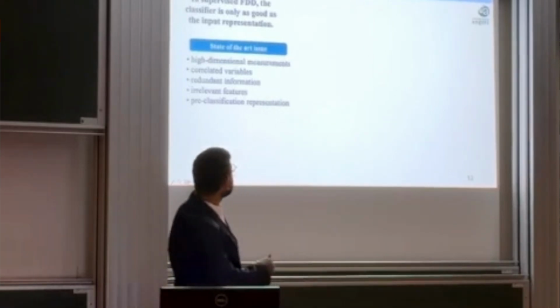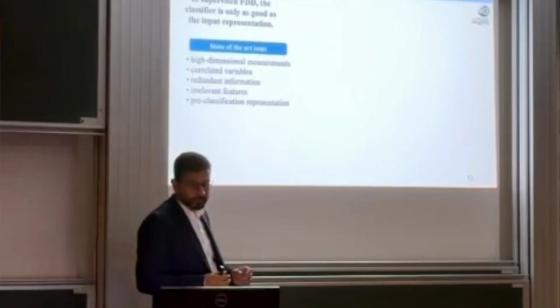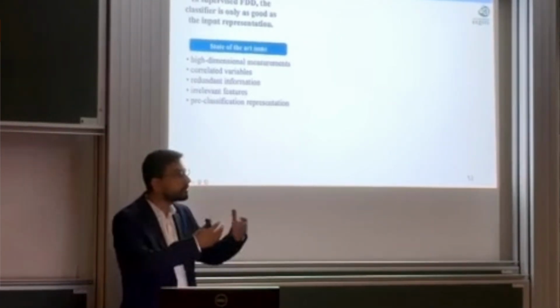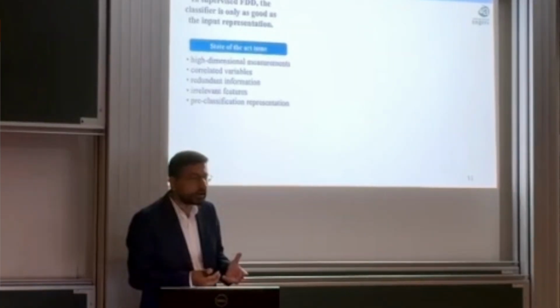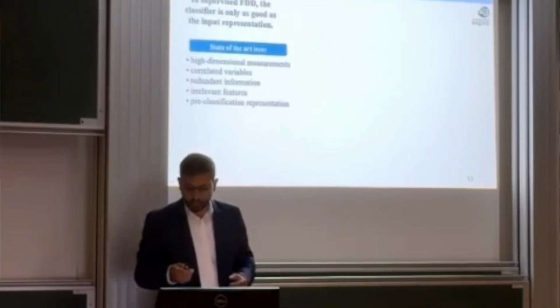Here, the state of the art is that when we are treating such systems, we have high-dimensional measurements, correlated variables, redundant variables, and some irrelevant variables that we don't need. How can we choose what is suitable to our system? We do that with feature engineering.